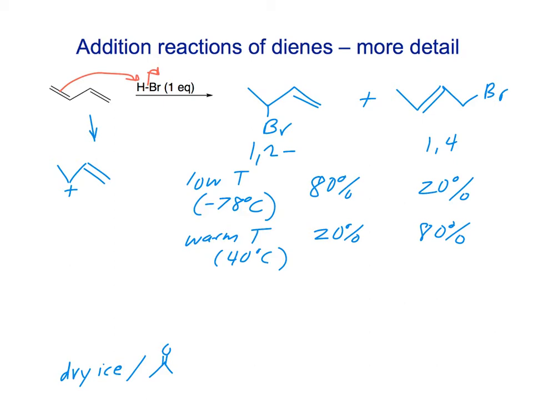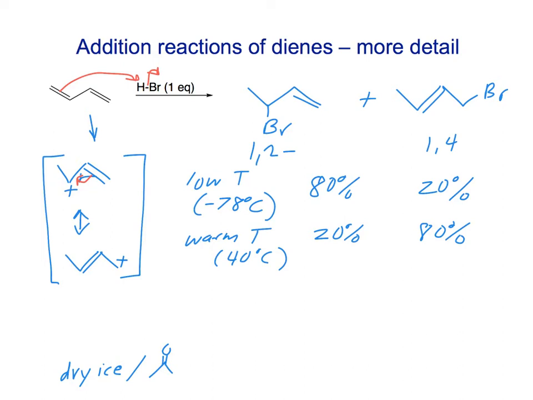Resonance can be like this, we can bump that bond over like that, and so we have another resonance contributor like this. Remember, this is essentially a single carbocation with that plus charge spread out over those two carbons.